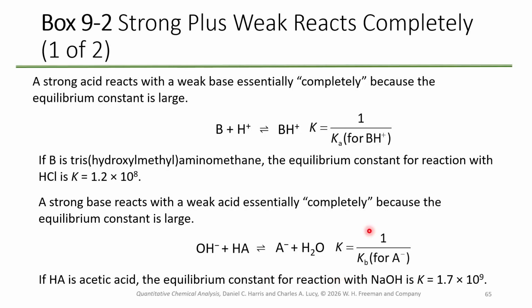Now, remember that when we add strong acids or strong bases, these are essentially going to be completely dissociated because that equilibrium constant is very large. Okay? And so if you have the Tris, for example, the equilibrium constant right here for HCl versus Tris is going to be 1.2 times 10 to the 8th, right?